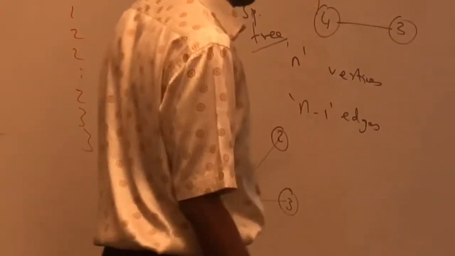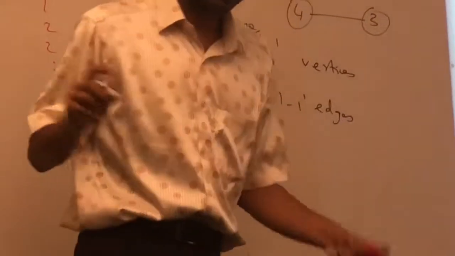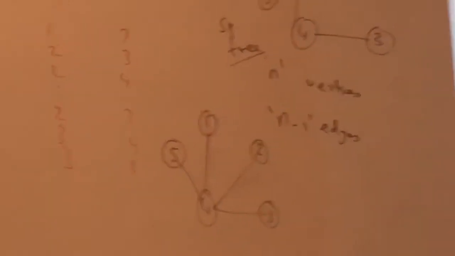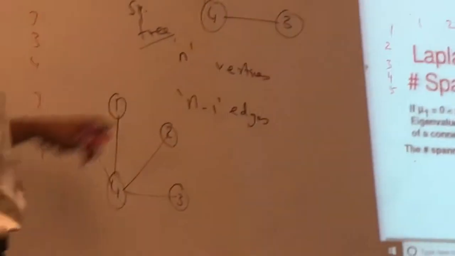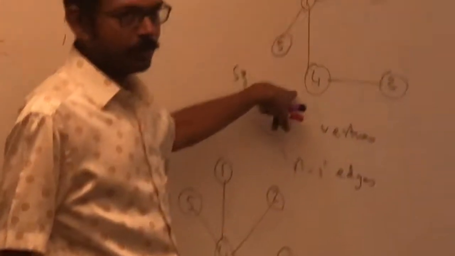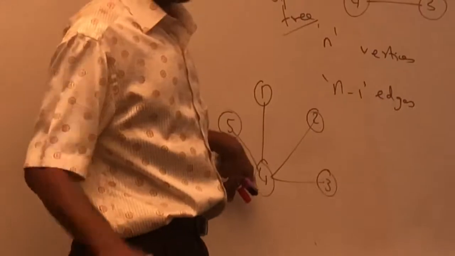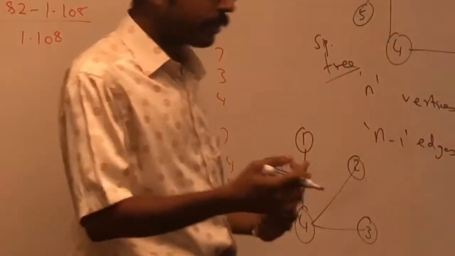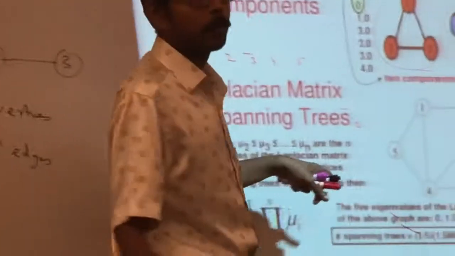All the 5 vertices are covered and they are all reachable from each other, right? So, clear? So this is a tree of these 5 vertices. This is another spanning tree of these 5 vertices. So you could come up with several such spanning trees for the given graph.